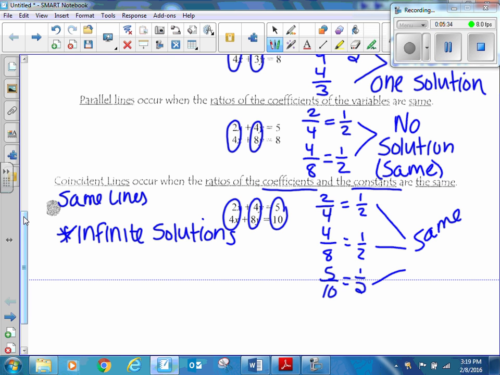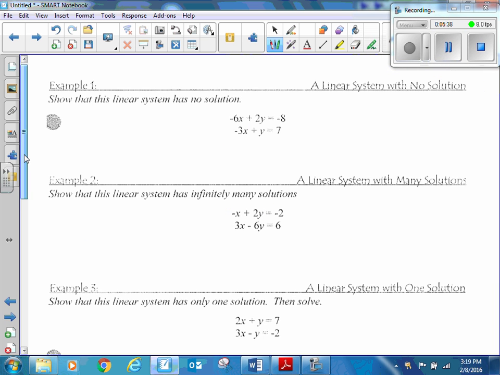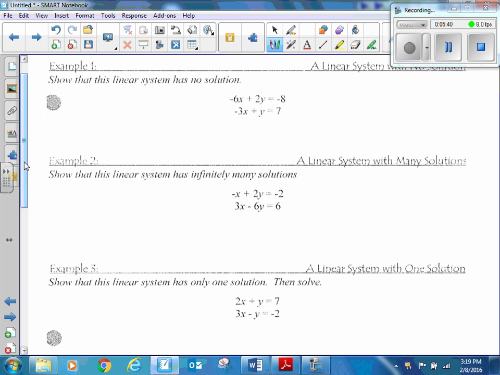If you cannot remember this, there is another way. If you turn to the back of the sheet, we can set these up to solve them, and then we'll see how many solutions. If I was to solve this, I'm going to do it by elimination. I would multiply this by -2, so I would end up with -6x plus 2y equals -8 on top, and my bottom becomes 6x minus 2y equals -14.